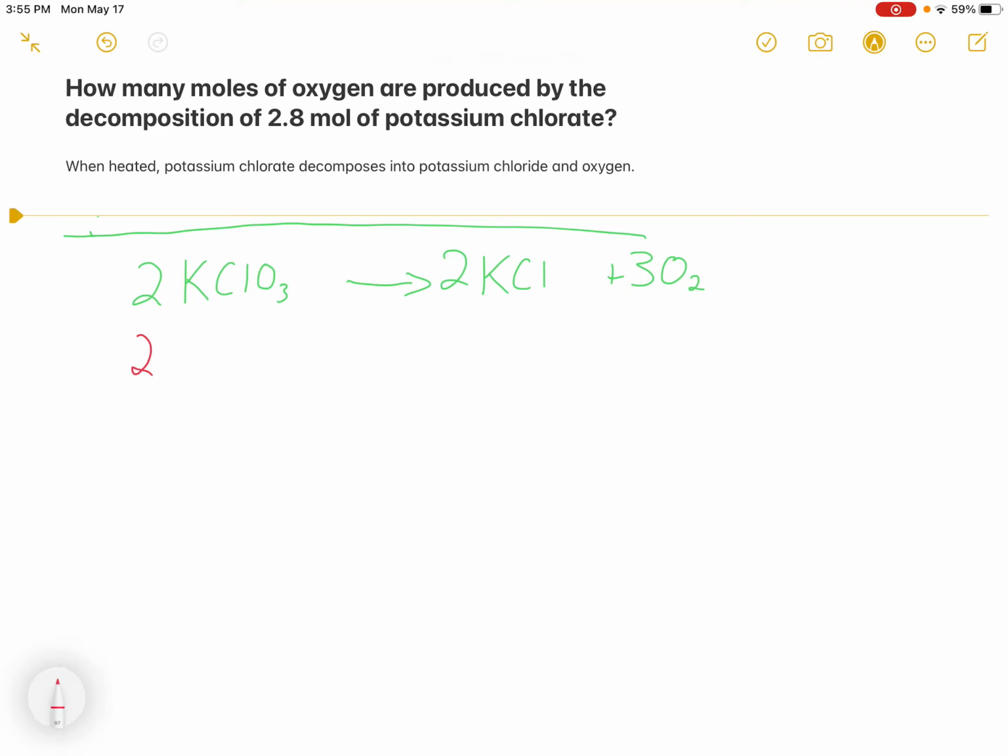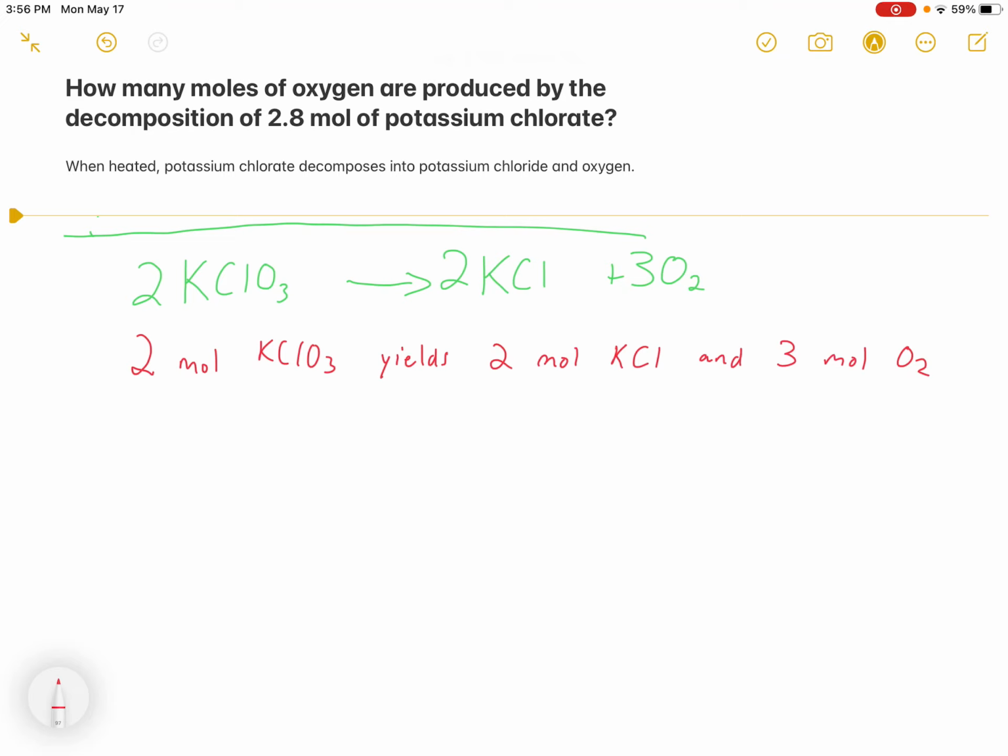So this says 2 moles of potassium chlorate yields 2 moles of potassium chloride and 3 moles of oxygen.